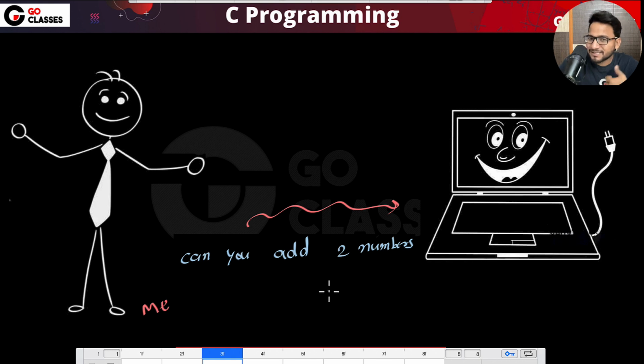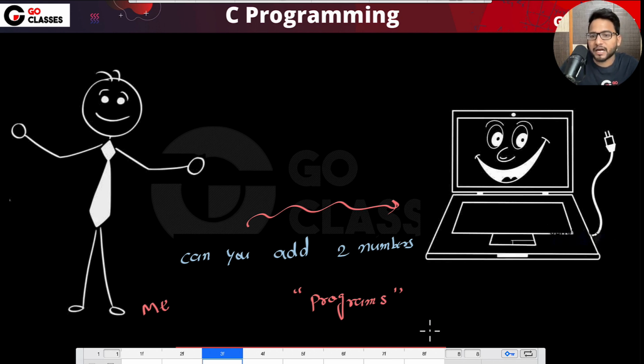There is some language that should be understood by the computers, so we need to communicate using something called programs. So I need to communicate, can you add these two numbers, using a program. So what is a program, and how do we communicate using a program? These are the two questions, right?